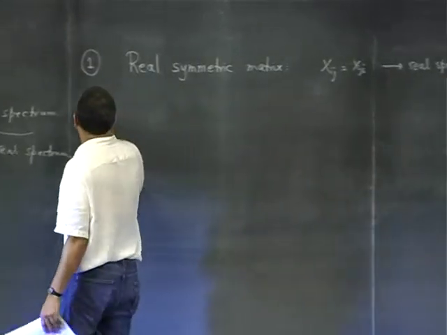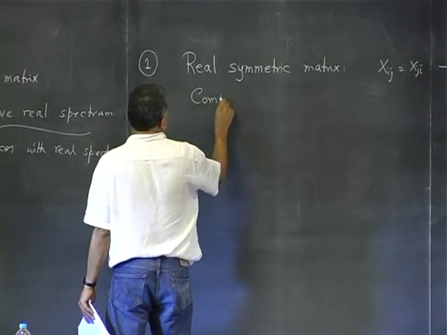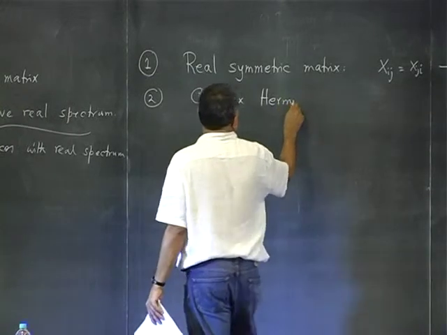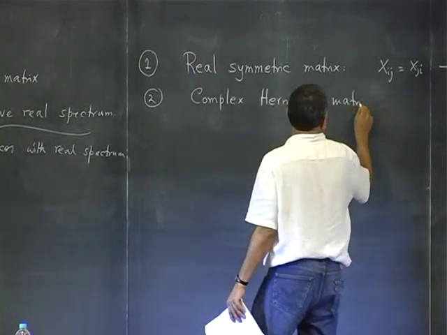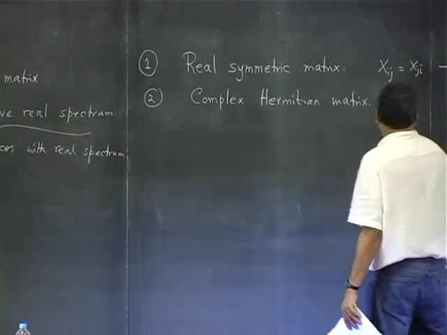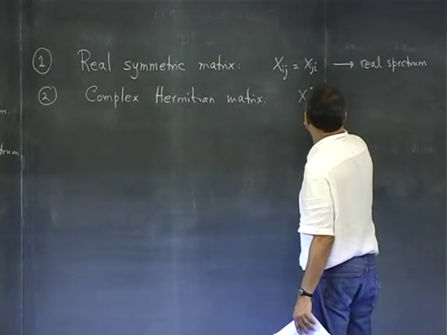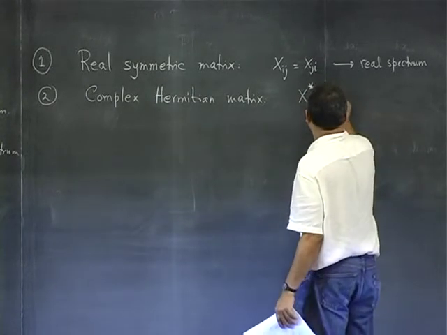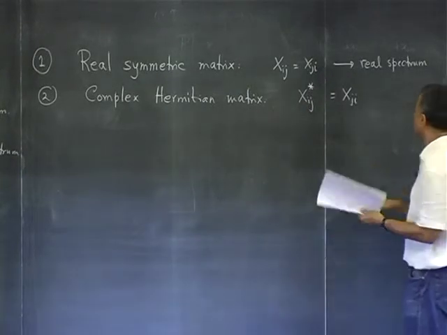The second example, as you said, is complex Hermitian matrices. Here the X_ij are complex numbers, and X_ij star is the same as X_ji.